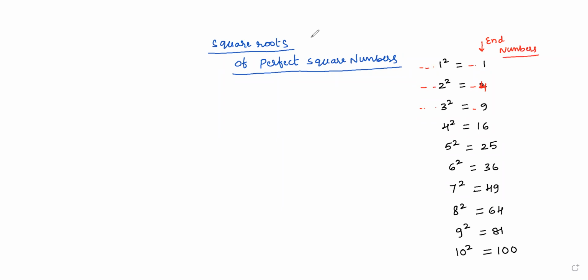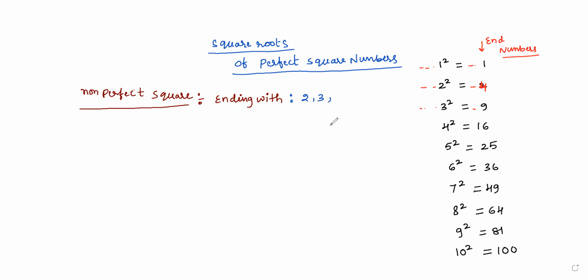Okay, suppose we want to say the given number is a non-perfect square number. Then they are ending with which numbers? For example, 2, 3.